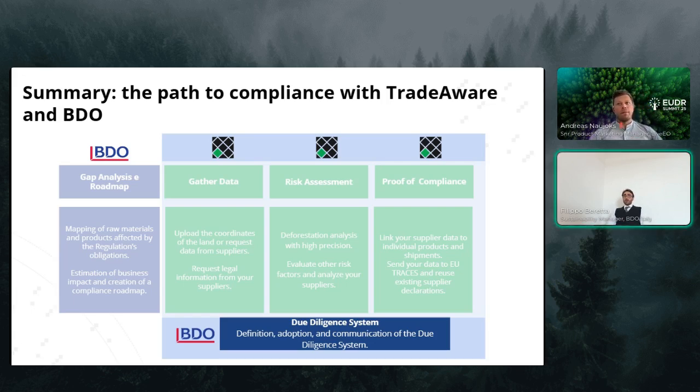So on one side, we have operational and practical processes and activities we have to do. On the other side, we have more formal obligations, which we are going to look at in the next slide.